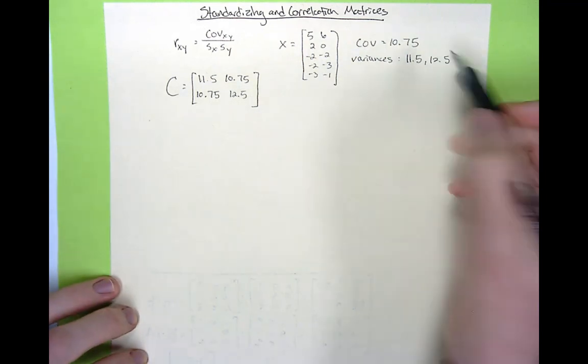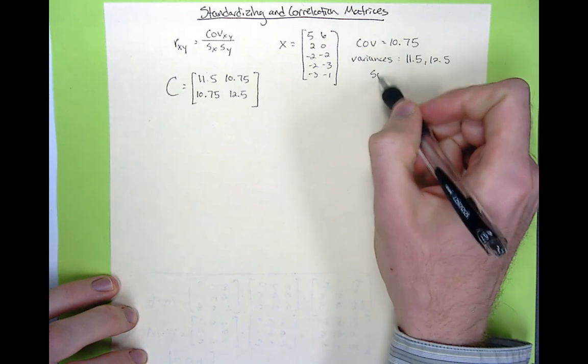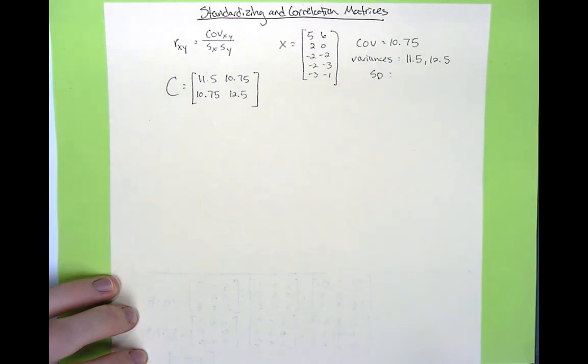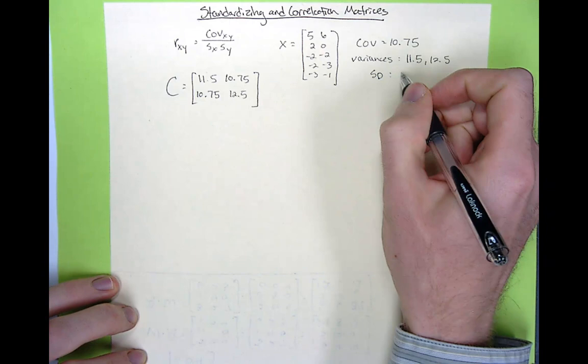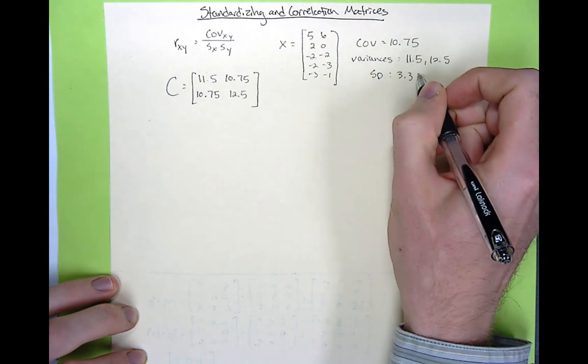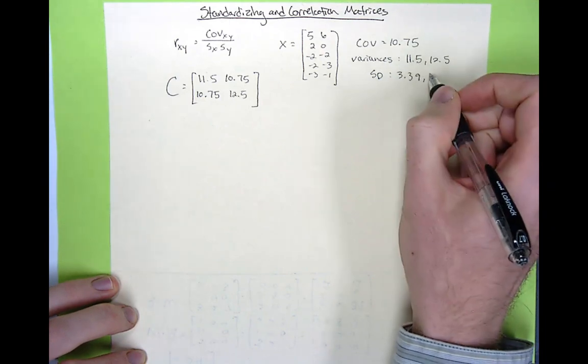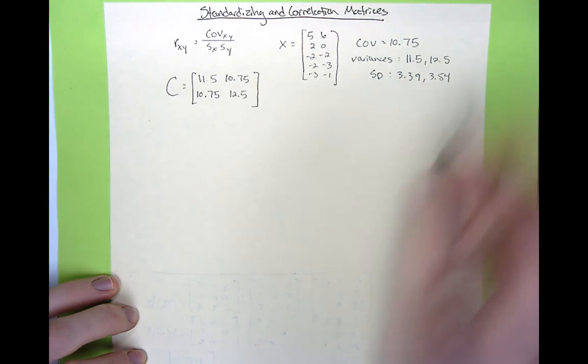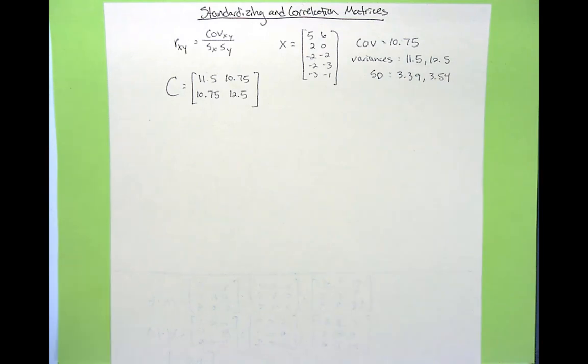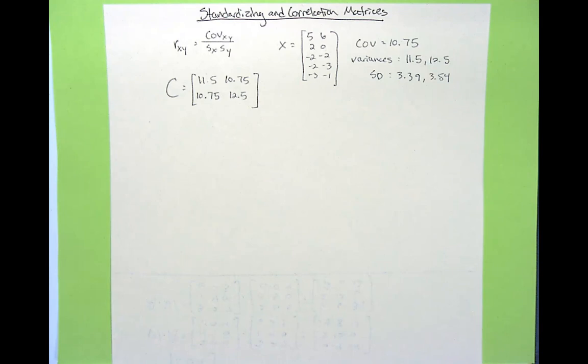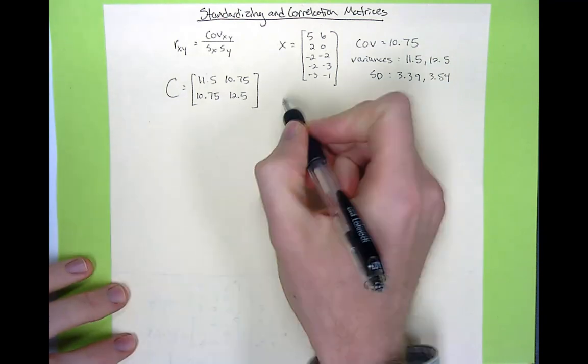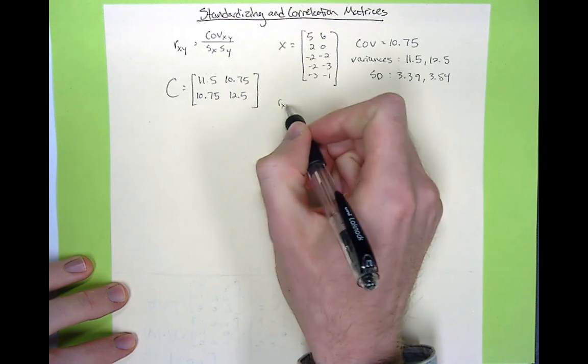As we know from these variances, the standard deviation is just the square root. So we get standard deviations of 3.39 and 3.54. So the correlation coefficient between x and y, let's write this out again.